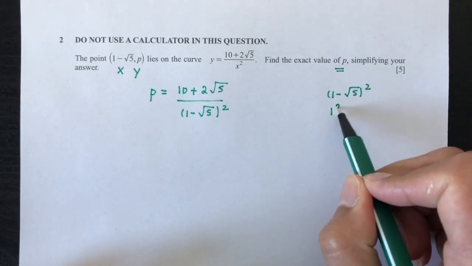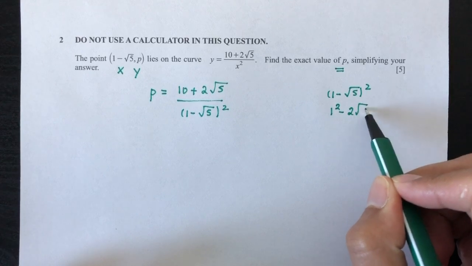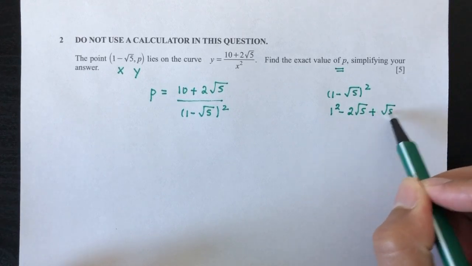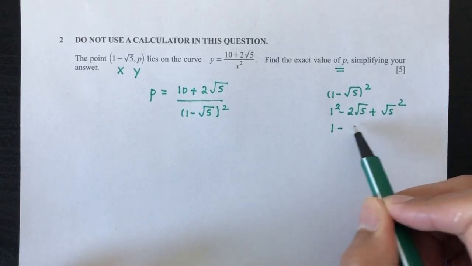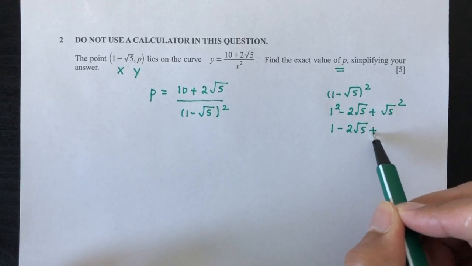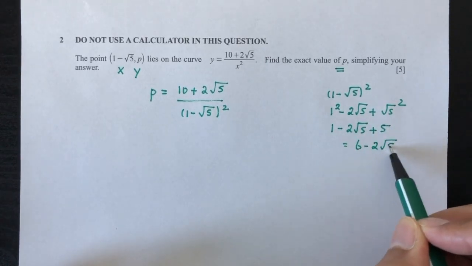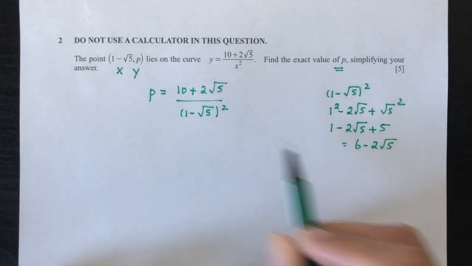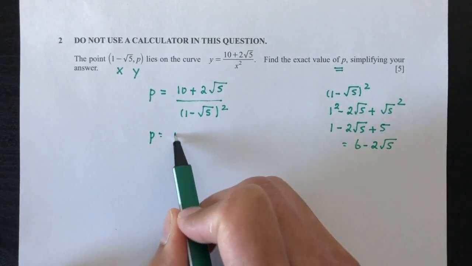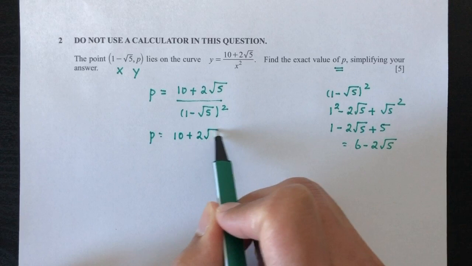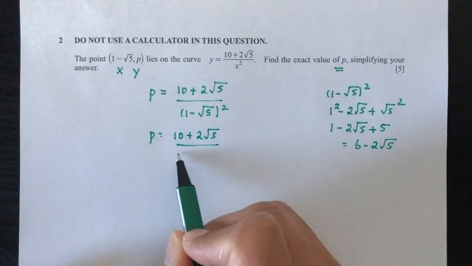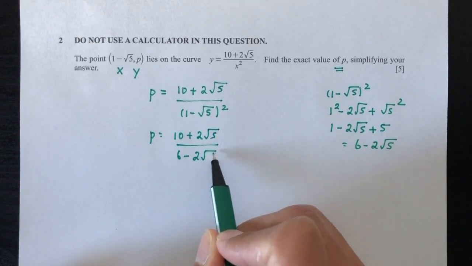It is 1 squared minus 2 root 5 plus root 5 squared, which is 1 minus 2 root 5 plus 5, which is 6 minus 2 root 5. Now replace this back here. We'll have p equal to 10 plus 2 root 5 divided by 6 minus 2 root 5.